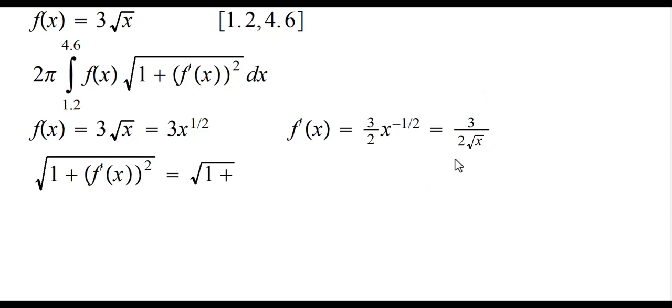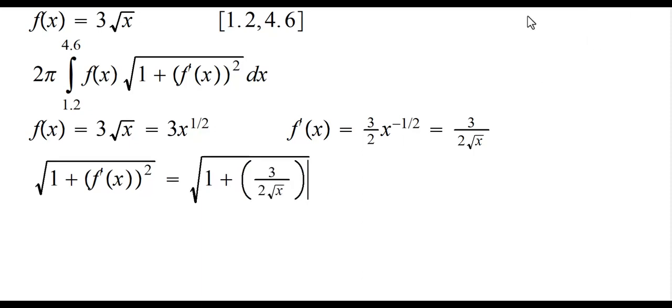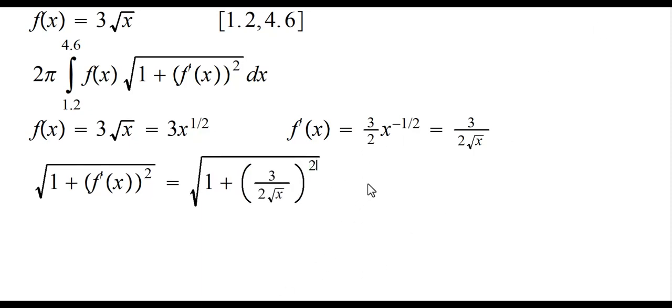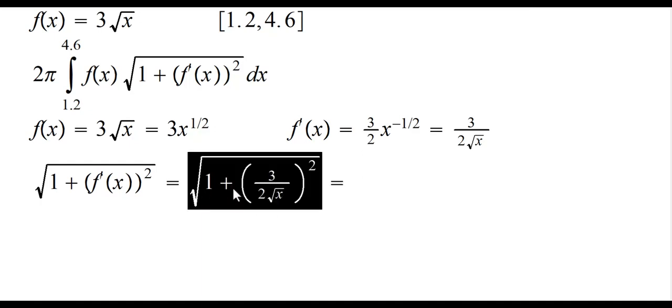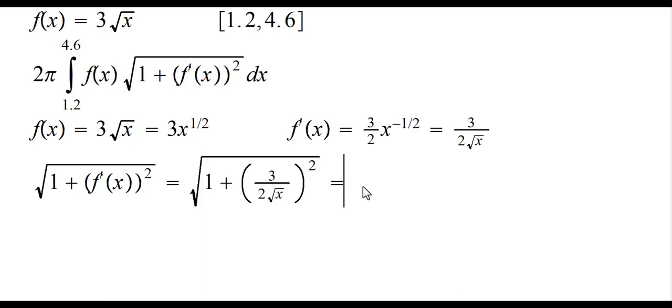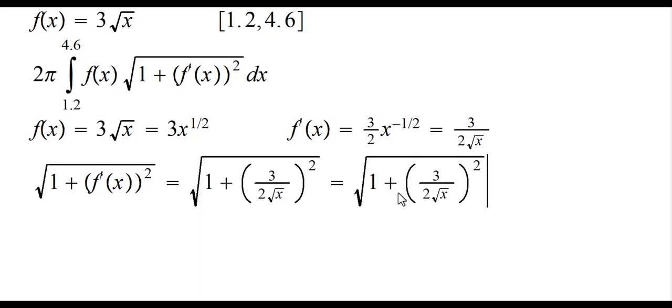So this would be how much? 1 plus the square of this quantity, right? So let's square this here. And then that becomes square root of 1 plus, what that will be, 9 over 4x, all right?